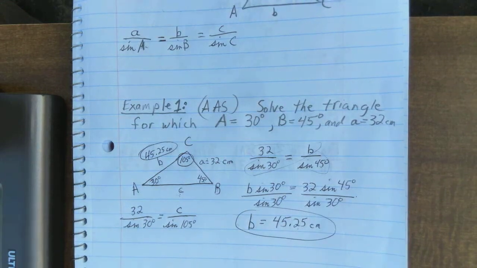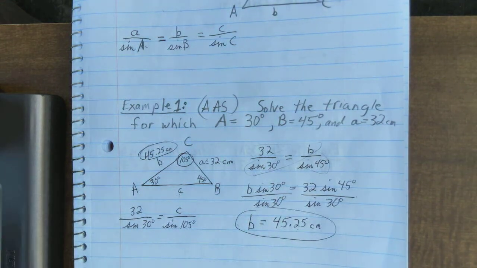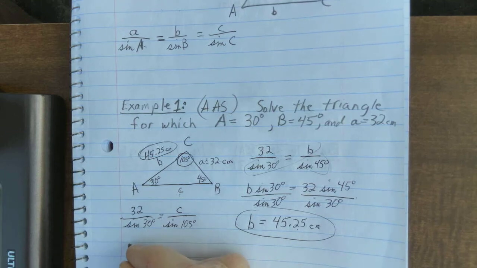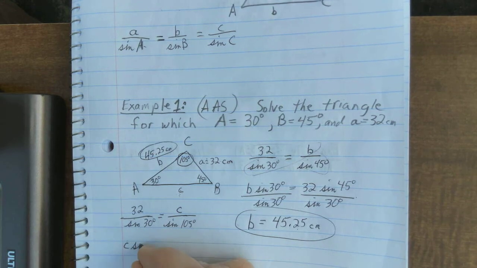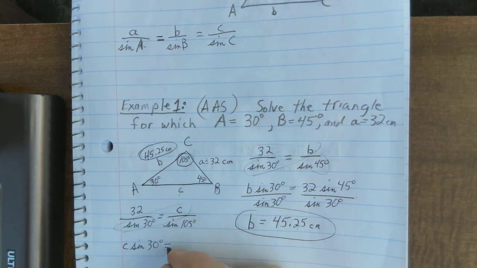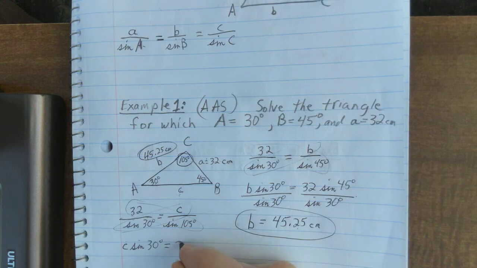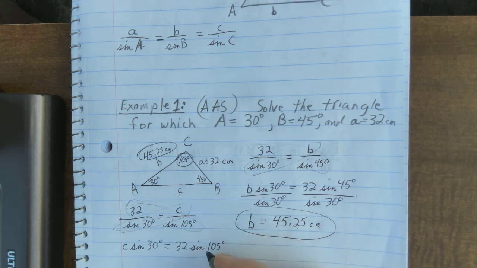Feel free to pause and work ahead if you think you know what you're doing. As I set that up, c times the sine of 30 degrees, this cross product is equal to this cross product, 32 times the sine of 105 degrees.